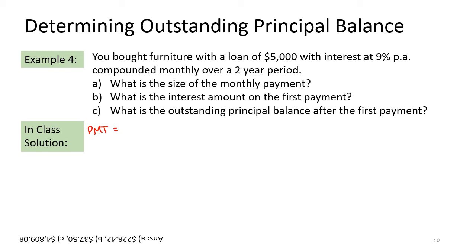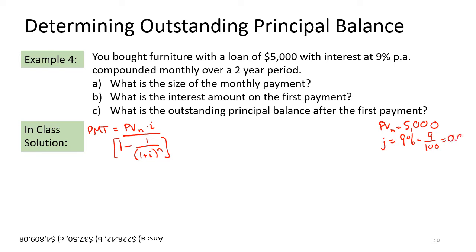Payment is equal to the present value, okay, times our periodic interest rate, divided by 1 minus 1 divided by 1 plus the periodic interest rate to the exponent n. So again, with my little sidebar over here, our present value of the loan, okay, it was $5,000. Our nominal interest rate, J, is 9%, which is 9 divided by 100, removing the percentage sign, or 0.09.